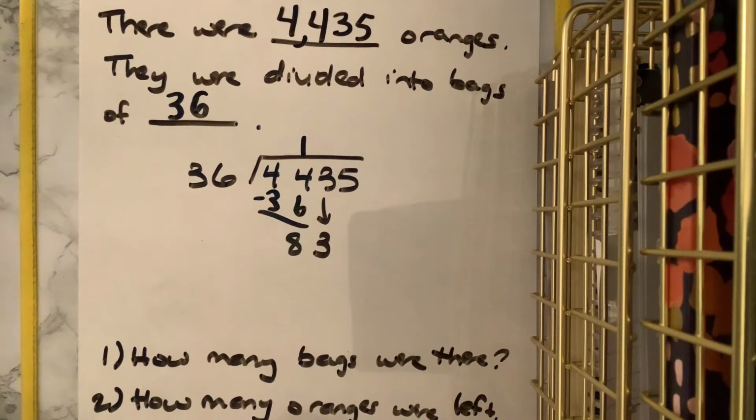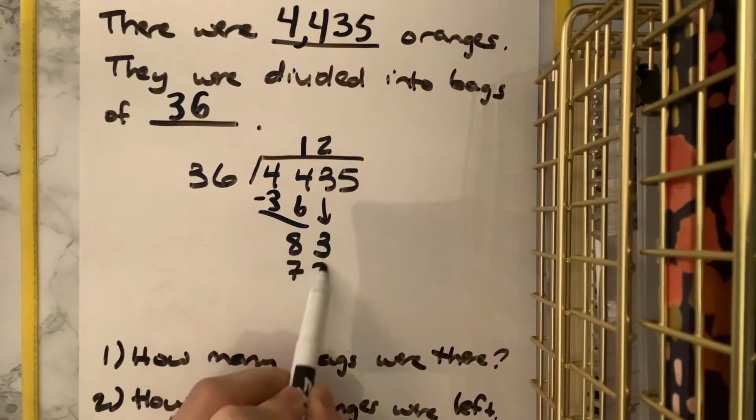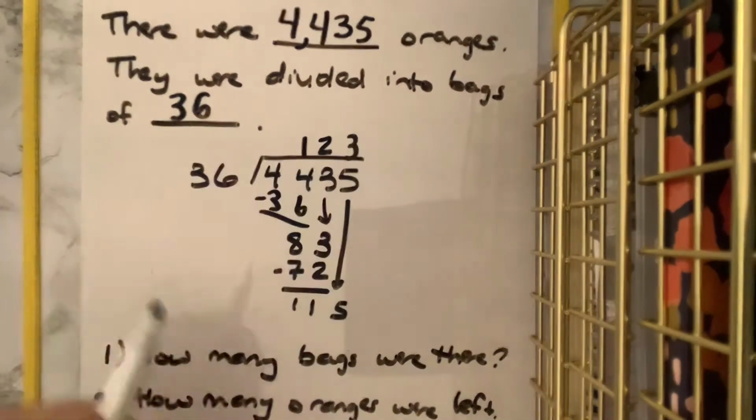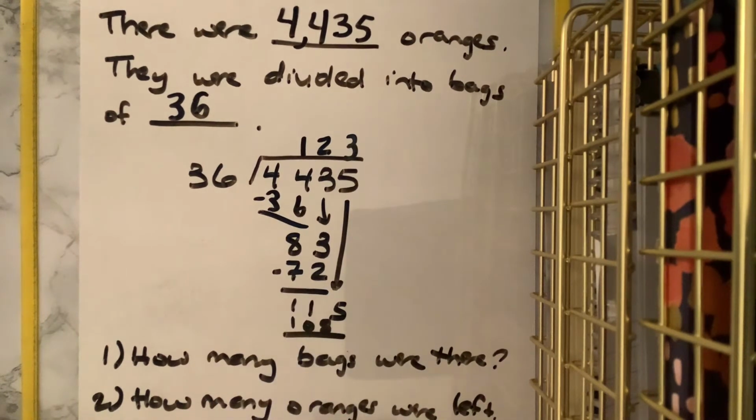And then we bring down that 3. 36 goes into 83 2 times. 2 times 36 is 72 with a remainder of 11. 36 goes into 115 3 times, with a remainder of 7. And so we stop there.